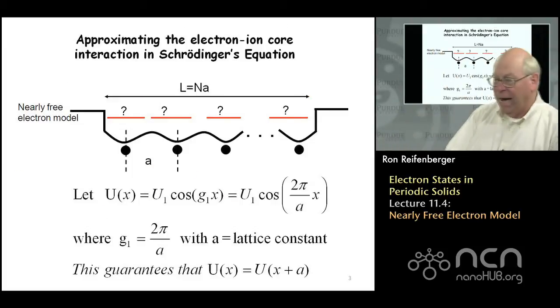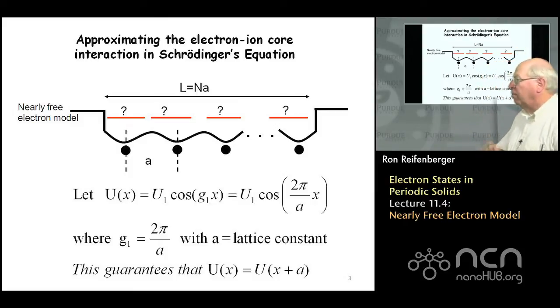So to describe the model in detail, when x is between 0 and L, where L is going to be the length of our crystal, we're going to let the bottom of the potential well be given by U1 cosine of G1x.